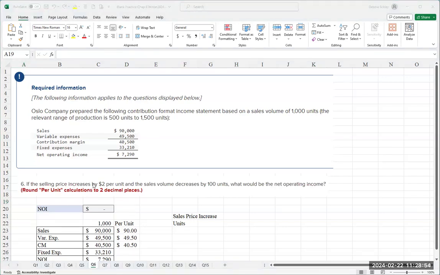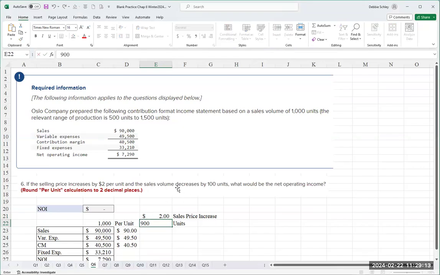If the selling price increases by $2 per unit and the sales volume decreases by 100 units, what would be the net operating income? So my sales price is going to increase $2 and my sales volume is going to decrease.